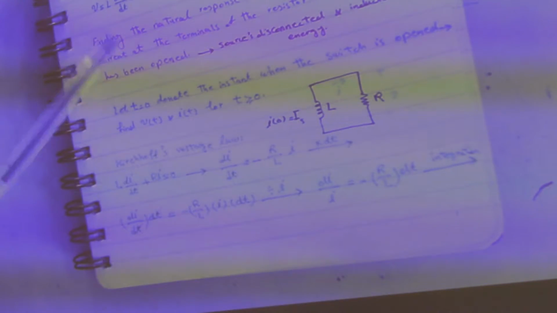So after that we said, okay, now we want to calculate the relation between I and V, and we know that V is equal to L dI over dt. Now, when there is no power supply, the current is changing with time, but gradually decreasing.